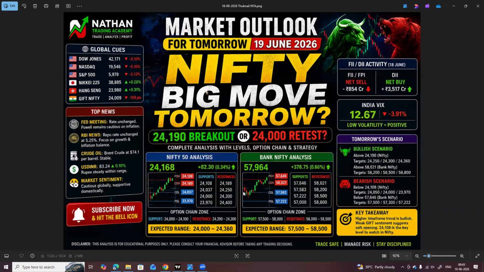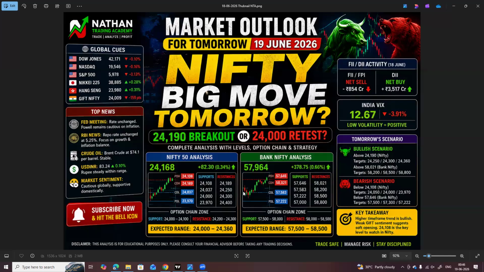Crude oil remains relatively stable and is not currently creating any kind of inflationary pressure for India. And USD INR remains in a manageable range and does not indicate any immediate stress for the Indian market. And domestic institutions, that is DII, continue to support the market.